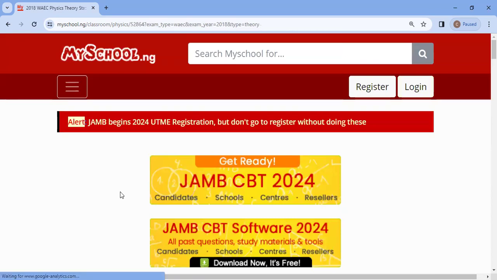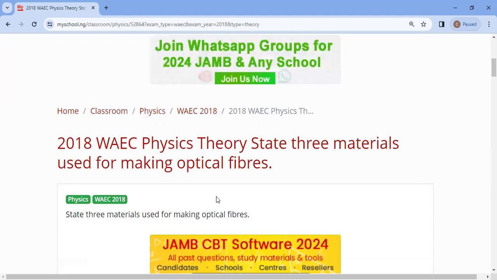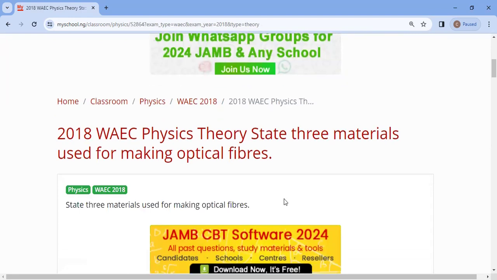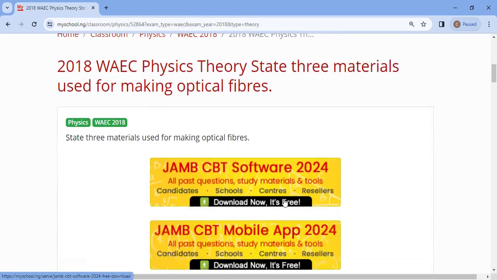Now, fiber optics is replacing copper cables because of certain advantages that it has over copper cables. Before I go to this question, I'd like to give you the advantages of optical fibers over copper cables. If you notice in your areas, you see people excavating and laying some pipes.